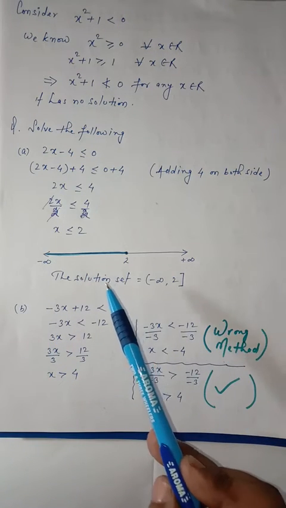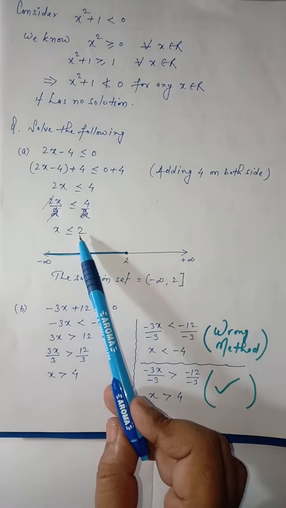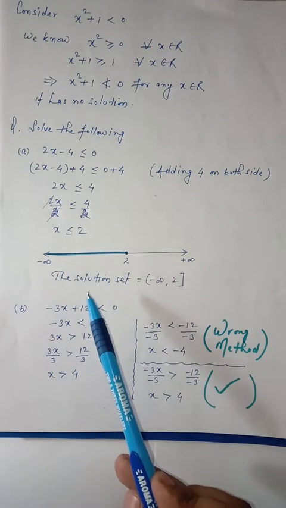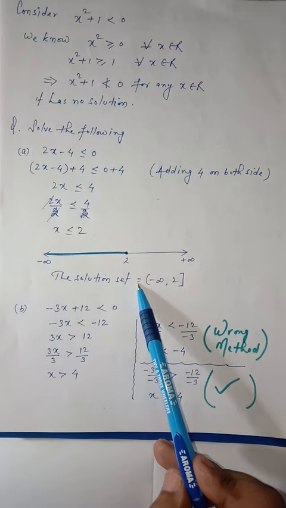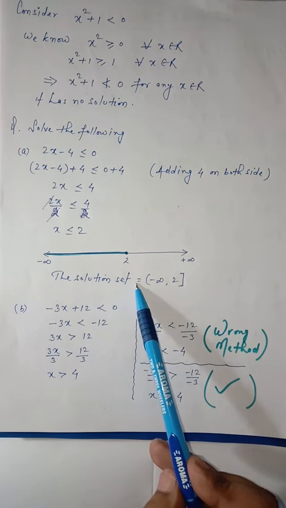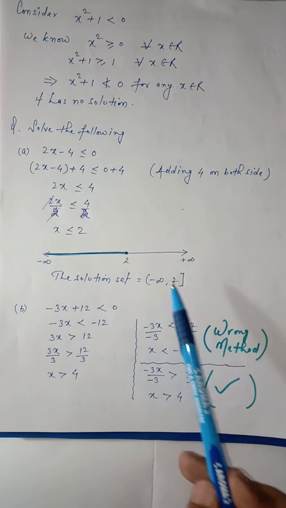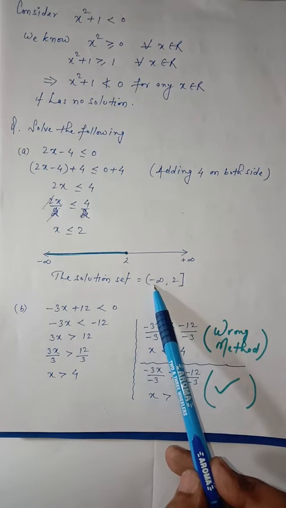And how will we write this solution? In the form of a set. So now it's time to revise the intervals: open interval, closed interval, semi-open or semi-closed. So the solution set will be the closed interval 2 to minus infinity.